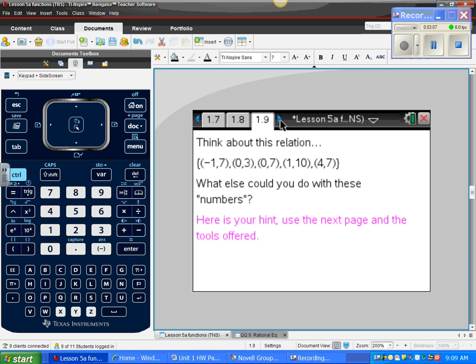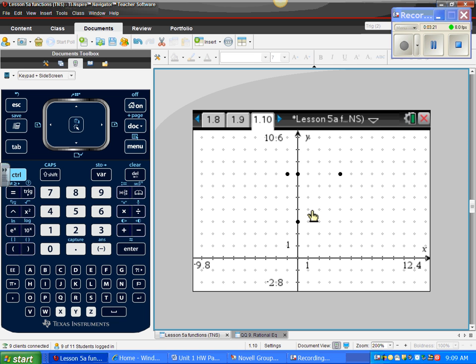So what else can we do with these points? What do we generally do with points? We plot them, right? We plot them on a coordinate plane. So on the next page, I went through and plotted these points. You don't have them plotted. How can I tell graphically if this is a function or not?